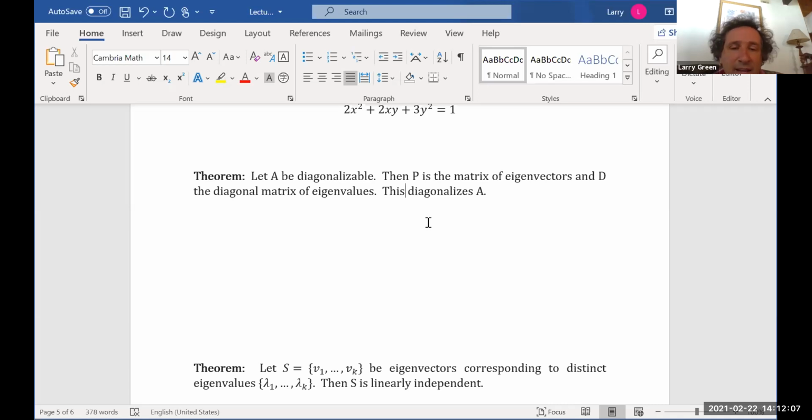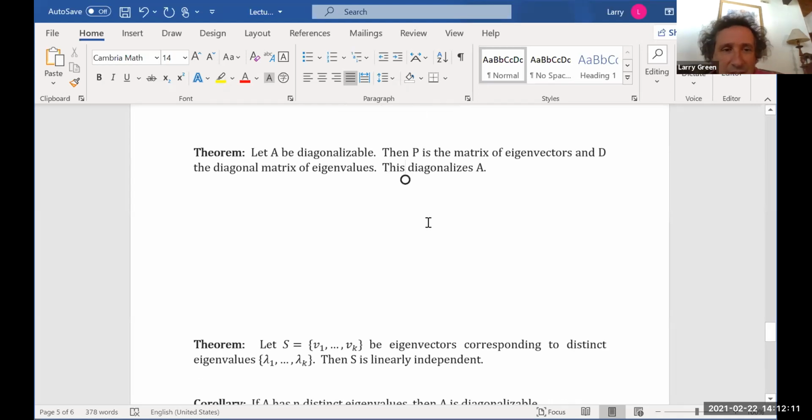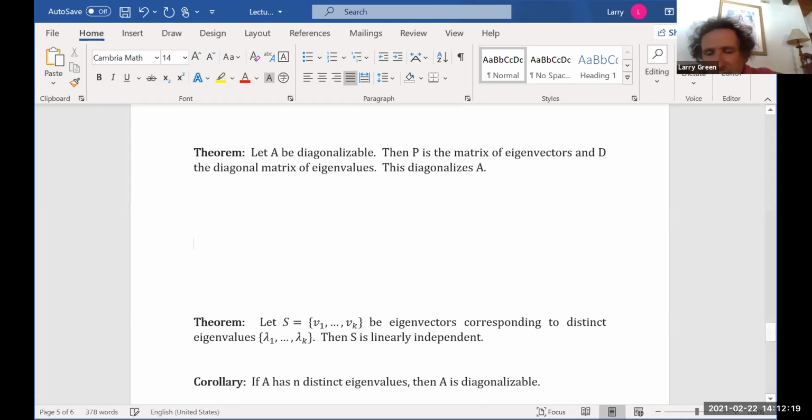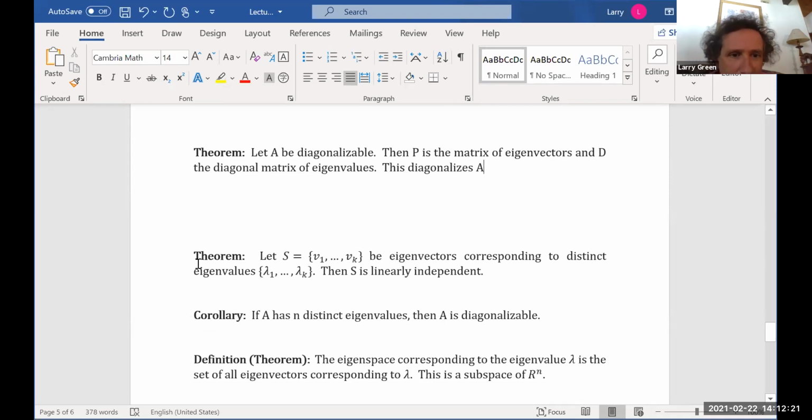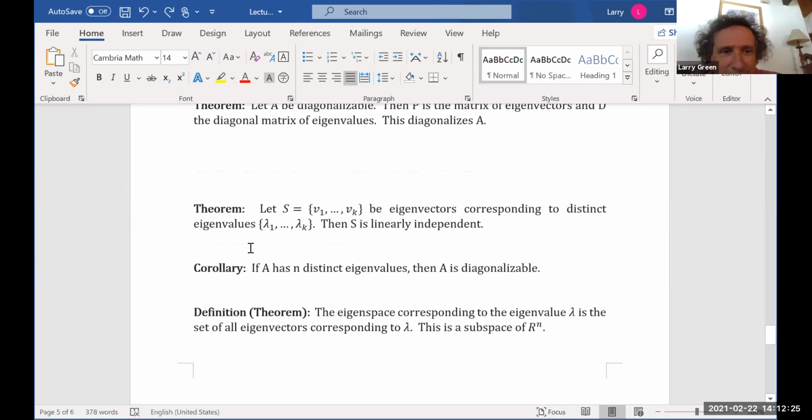And that's a nice thing to be able to do. You can trust me on that, that does work. Any questions on the theorem? Okay, now corollary. Sorry, theorem again, before corollary.